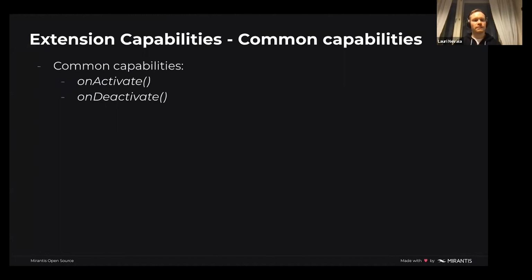And onDeactivate is called when the extension is unloaded, and it's a good place to free resources if you have reserved or created some variables, classes, or objects for your extension.